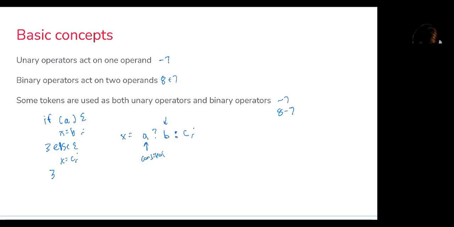If that conditional evaluates to true, that is going to be the result of the expression B. And what comes after the colon is going to be if false. So in this case, if A evaluates to true, X will be assigned the value stored in B. Otherwise, X will receive the value stored in C.